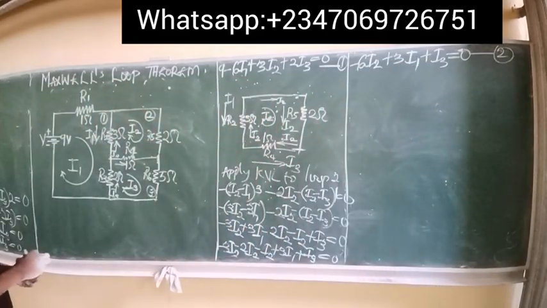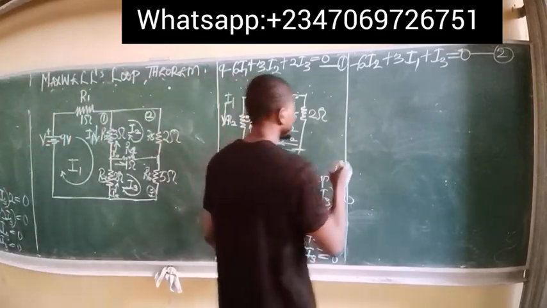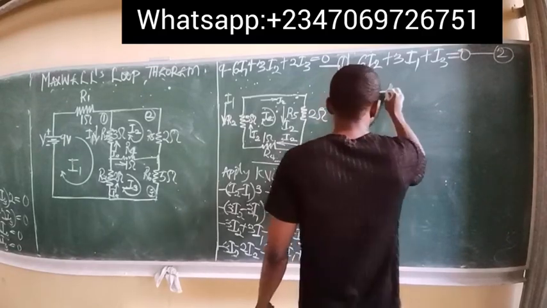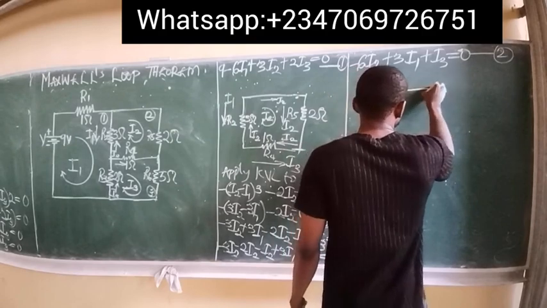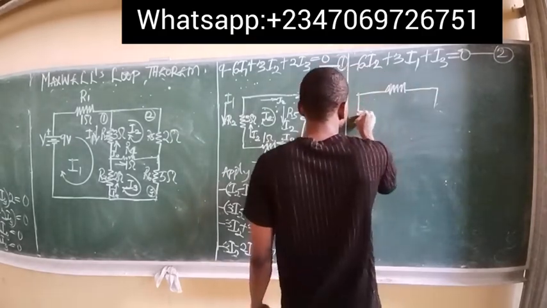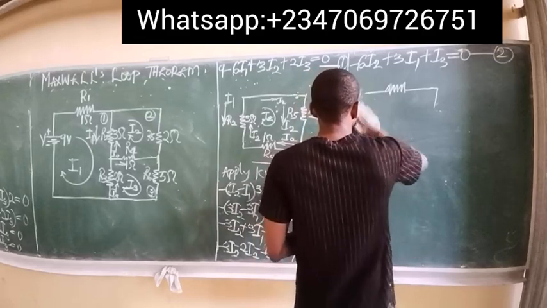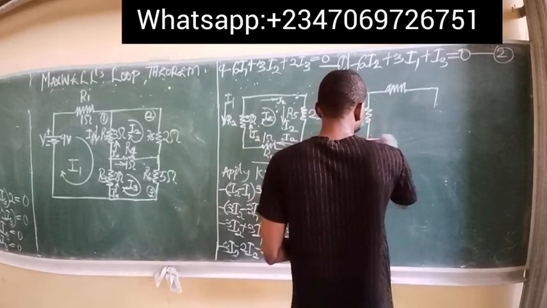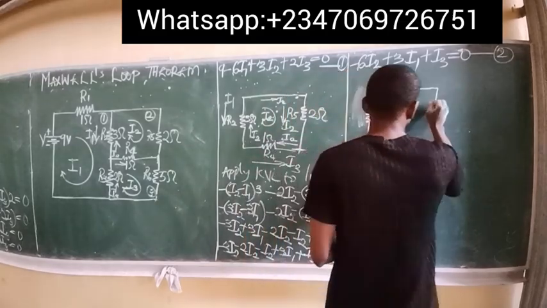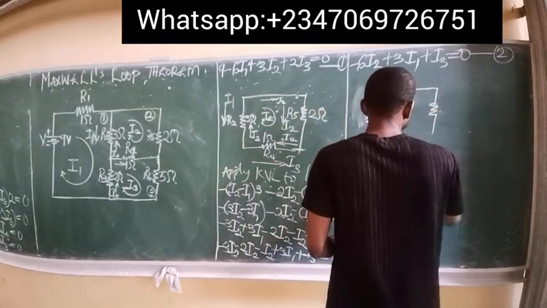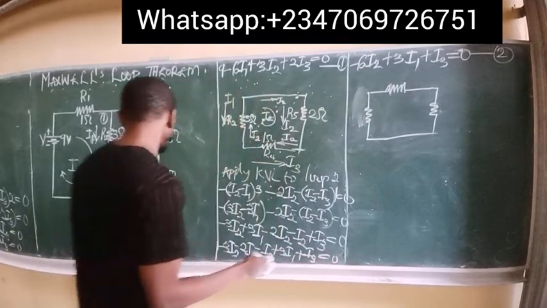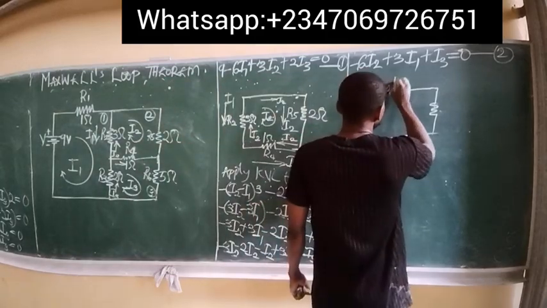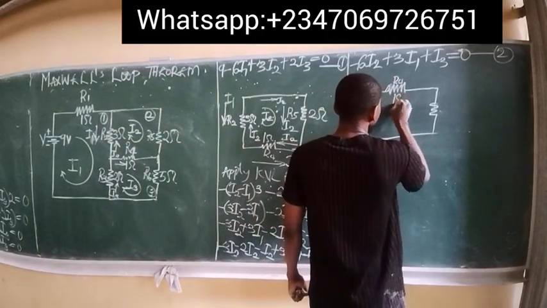And finally, for the third loop, let's break it down as well. We have here R4 1 ohm.